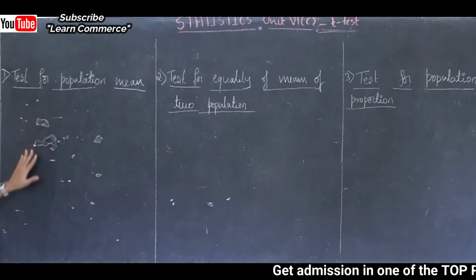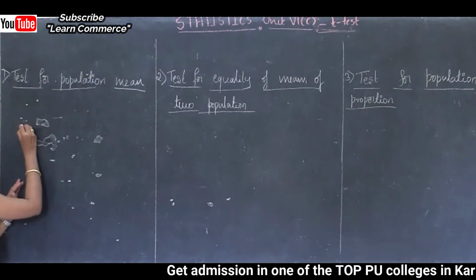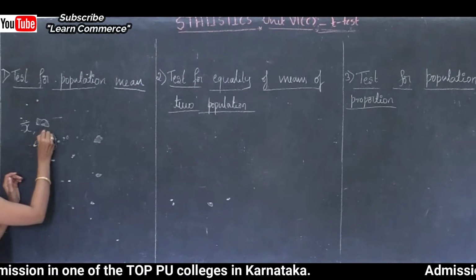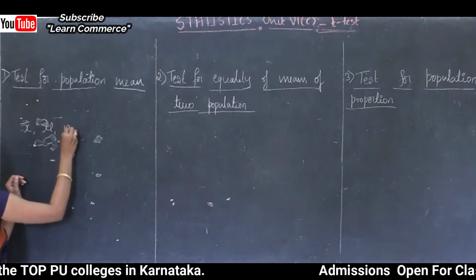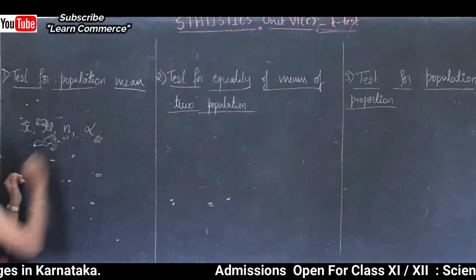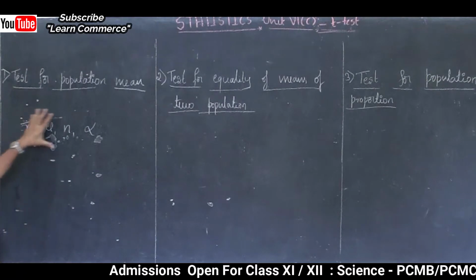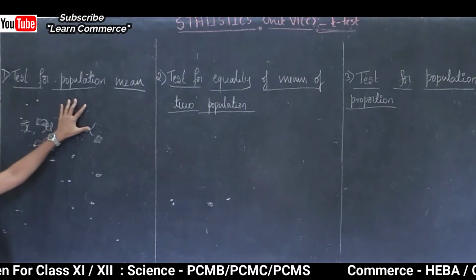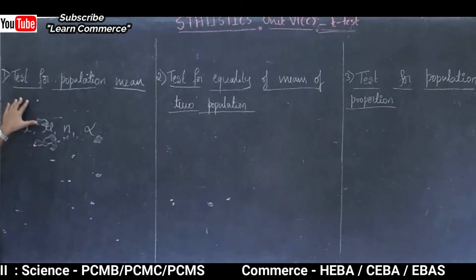In that, if the problem gives the observations x bar, mu, small letter n and alpha, then it is test for population mean.